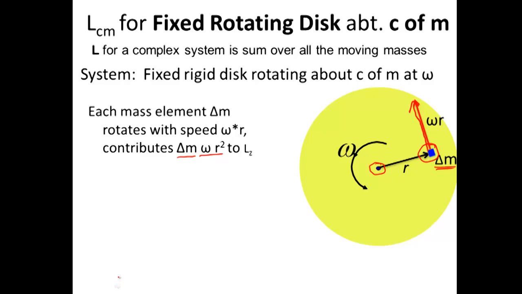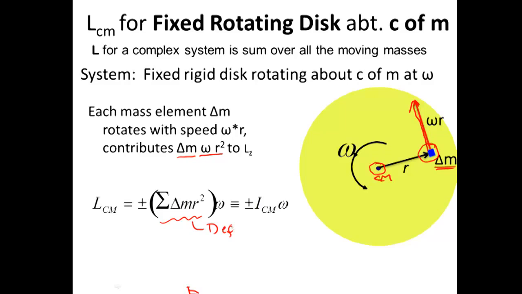Now the disk, of course, is made of many of these little mass elements delta m, so we have to add them all up to find the angular momentum about the center of mass. And we therefore get this sum here times omega, because every one of them is proportional to omega. But if you remember, this is the definition of the moment of inertia. So basically the angular momentum of the disk, due to its rotation about its fixed center of mass, is I omega.